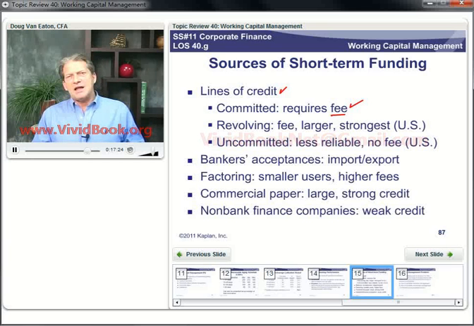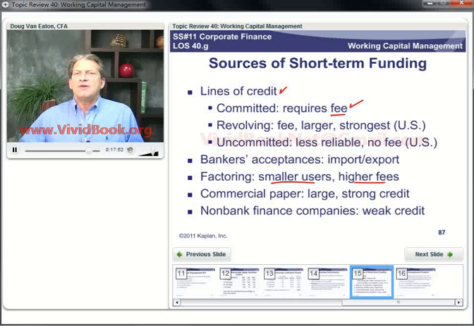So if you're buying them, then you buy them at a discount and you get the face value. Here, this would be a source of funding if we were an exporting company. Factoring is for smaller users and has higher fees. Typically, we'll take our accounts receivable and pledge them as collateral against a loan.